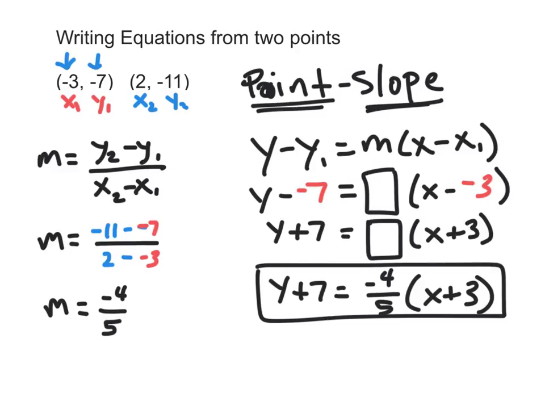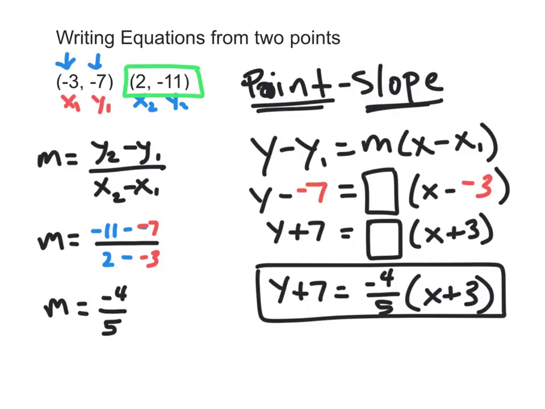Just to remind you, there's also a second answer that is completely acceptable, and that would be using the second point. And I'm going to just show that real quick. So if I used this point instead, my final answer would be, because we have our y sub 2 here is -11, when we put that in right here as our y value, it's going to be y minus -11.